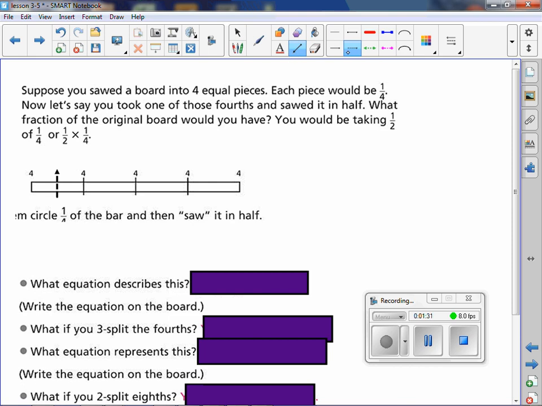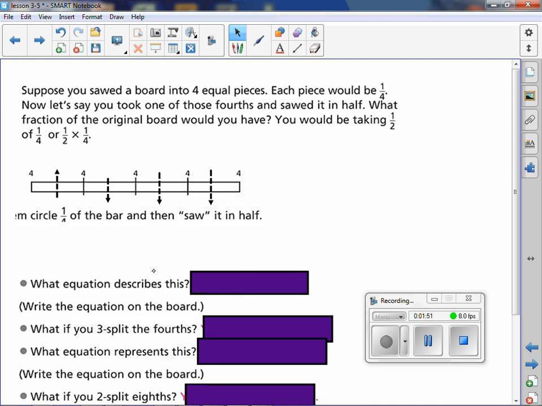I'm going to cut this one in half, and this one in half, and this one in half. Okay, so now I've sawed all my boards in half. That doesn't look very half on this one. Let's bump it over just a little. Okay, so I've sawed all my boards in half, each of my fourths in halves.